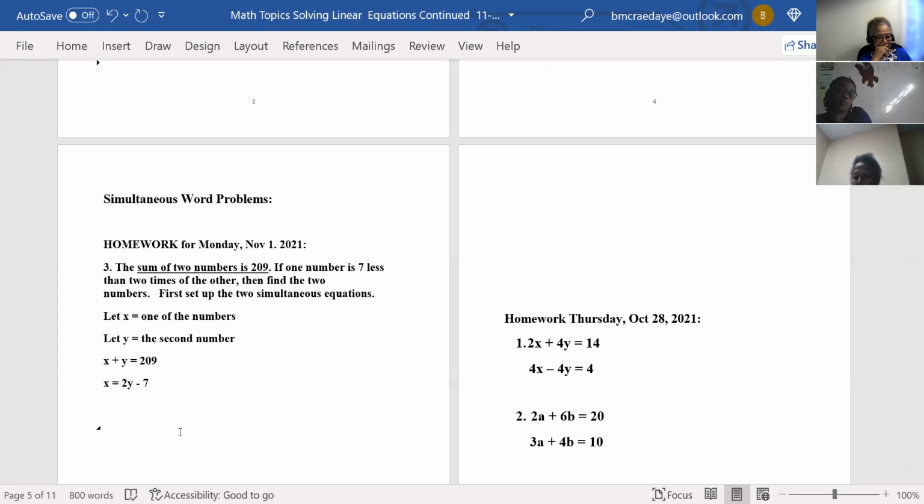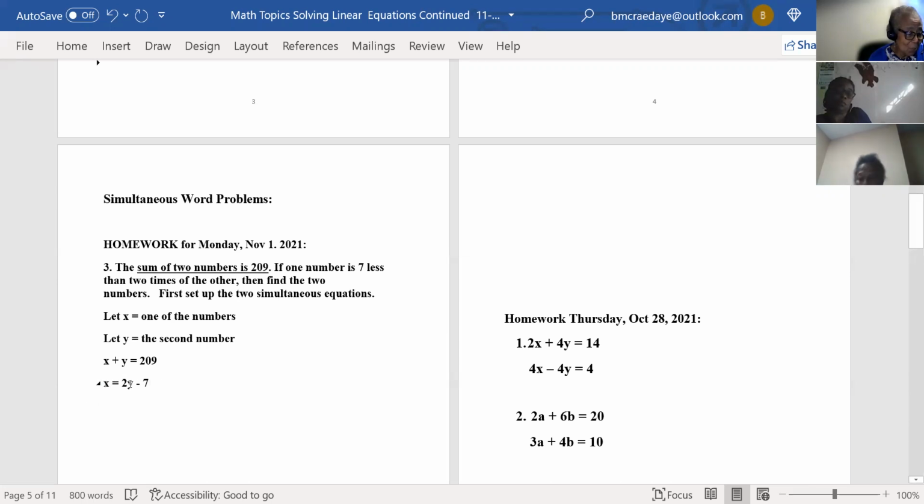I'm not sure. Now, see, this is one where the substitution method is better. Remember I told you sometimes one is better than the other. The reason the substitution is better is because you see what x is. x is 2y minus 7.